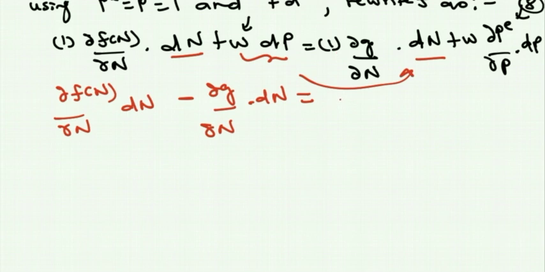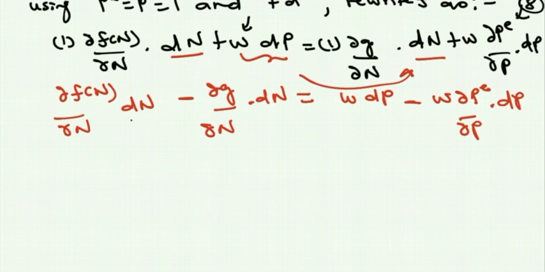The right hand side becomes w dp minus w delta pe over delta p times dp. Can you follow?